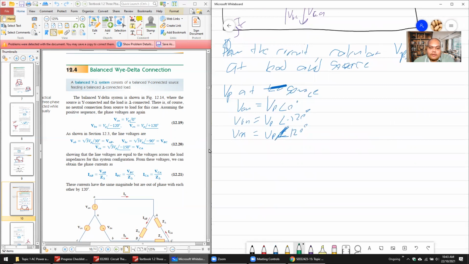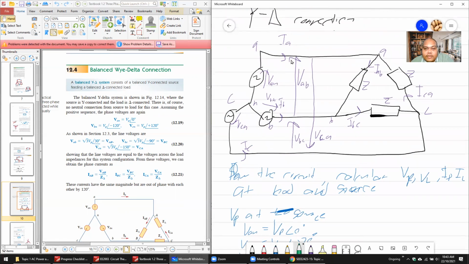Calculate the V line at source or load. Sorry, it's hanging. You can see here the phase voltage. This is VAB, VBC, VCA at the source, which is different from the phase voltage.